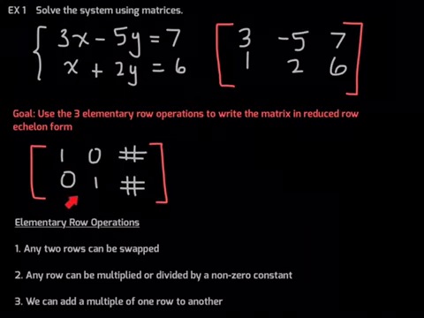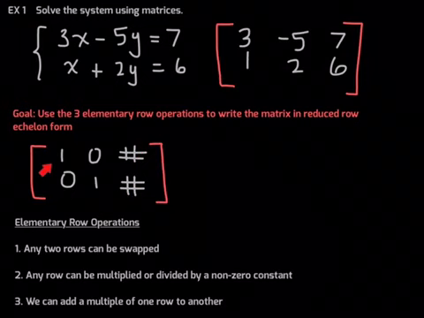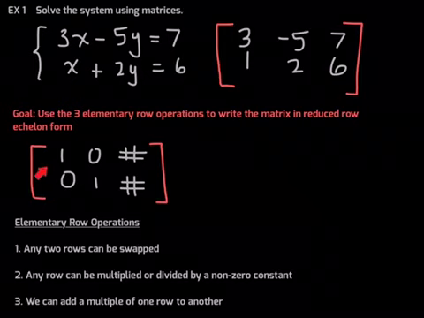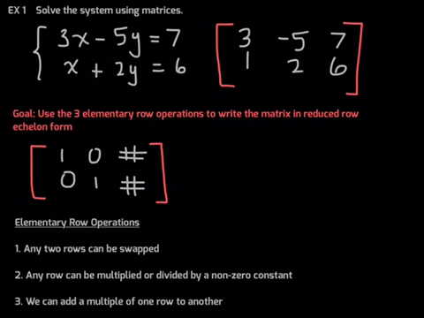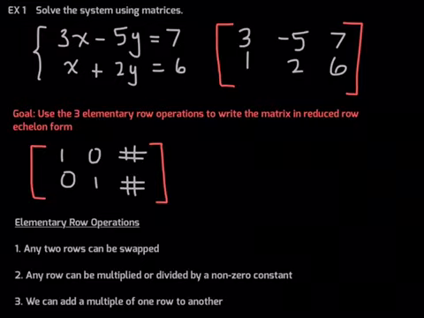You want to take a really good screenshot of this reduced row echelon form. You want to remember what it is you're trying to achieve: a 1 in the first row, first column entry, a 1 in the second row, second column entry, and then zeros above and beneath those leading ones. Okay, so let's go for it.